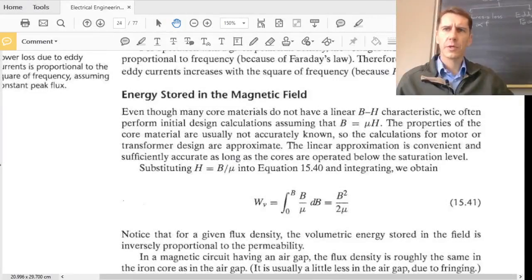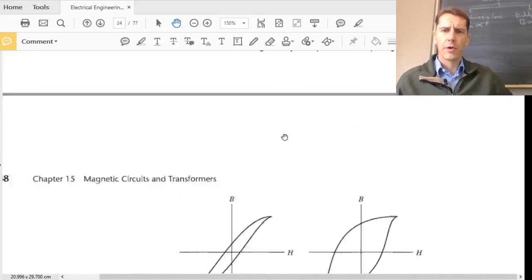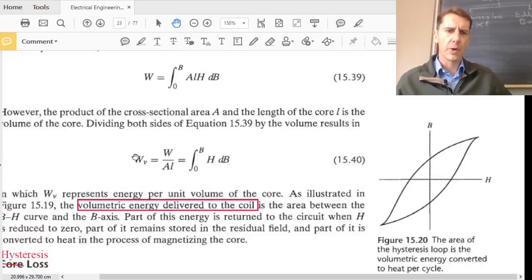In the next section that we're going to discuss, we are looking at energy stored in a magnetic field. Now they're actually going to follow on from this equation where we ended up with a volumetric energy. Now remember, this equation calculated the surface area of our hysteresis loop.